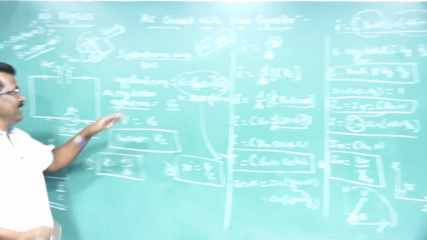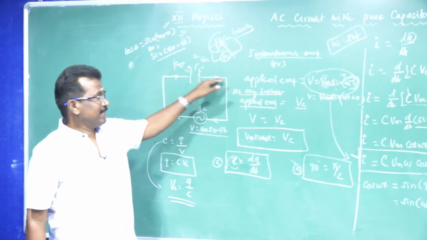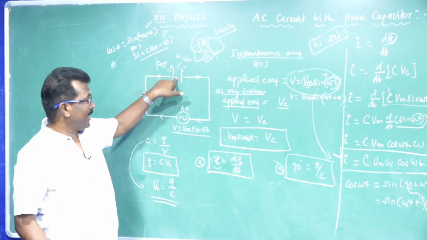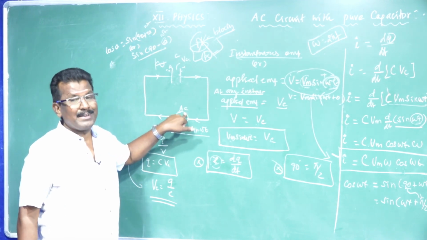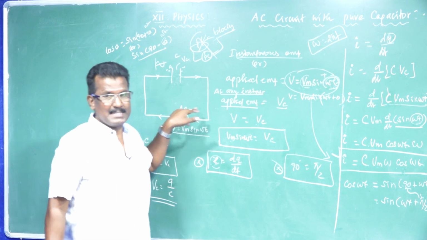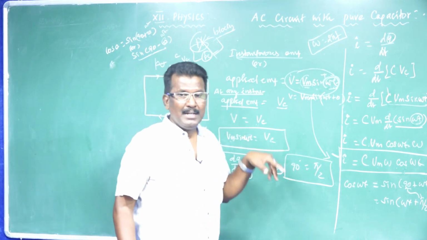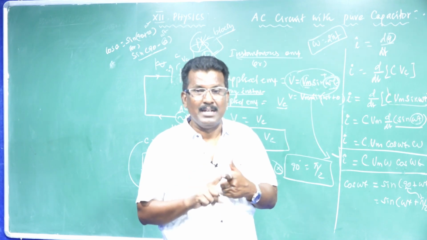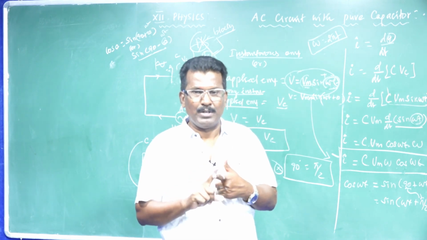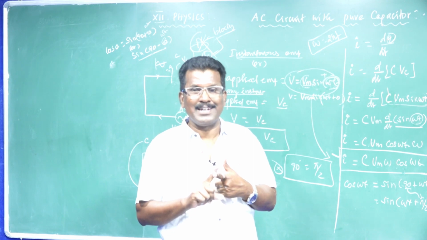Okay, so far you have seen what the phase difference between current and voltage is when a capacitor alone is connected across the AC mains. In the next class we will discuss what happens when an inductor, capacitor and resistor are connected in series to AC. Now we will discuss the AC circuit with LCR.